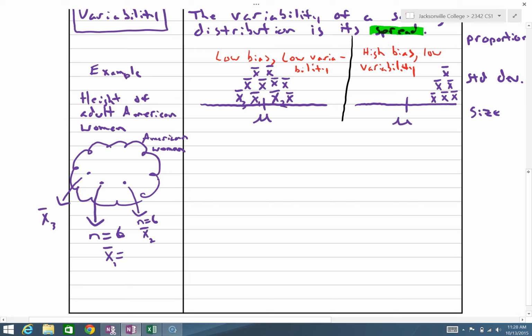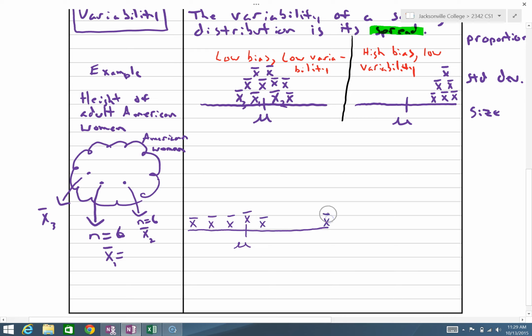Now let's look at this again. So we have our population parameter, and this time we take samples, and our first sample is over here, and our second sample is here, and our third sample is here, and our fourth sample is right there in the middle, and our fifth sample is here.